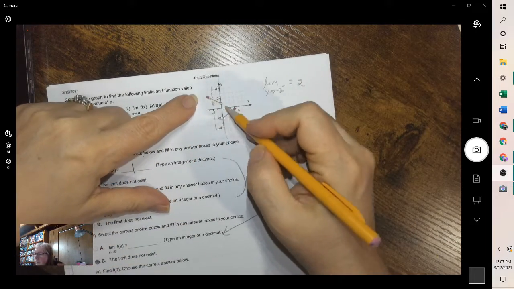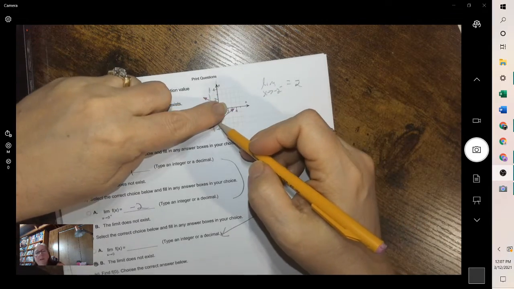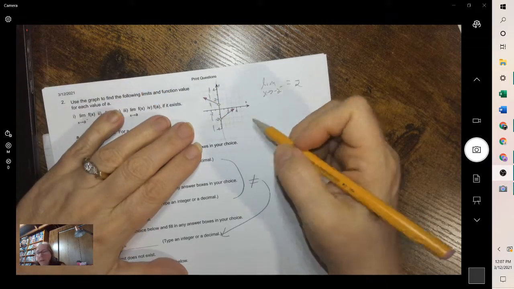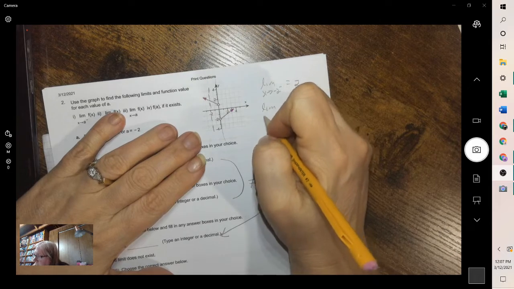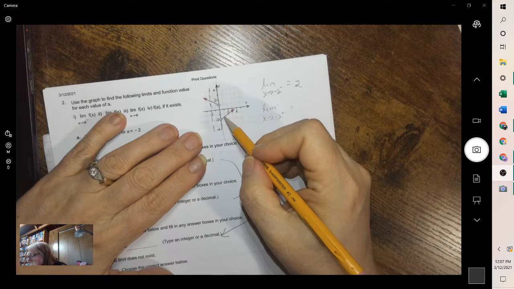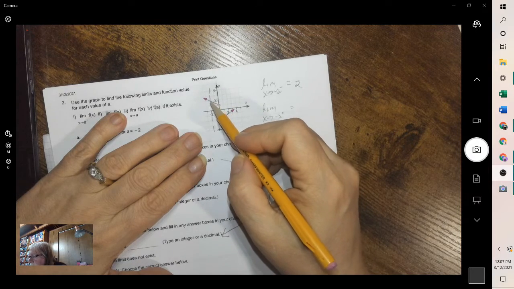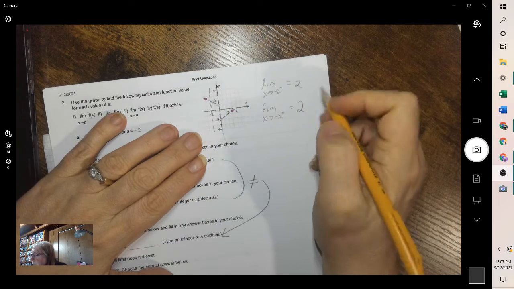Notice how it's all coming in together. They're all going to be the same, whereas these two came in different. And that's where we have the different values. The limit as x approaches -2 from the right is this side. -2 is this side. But it's also at 2.